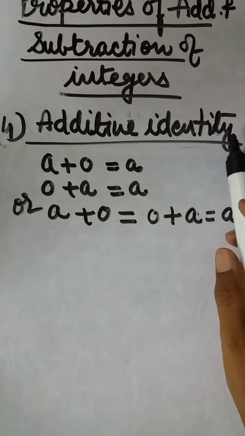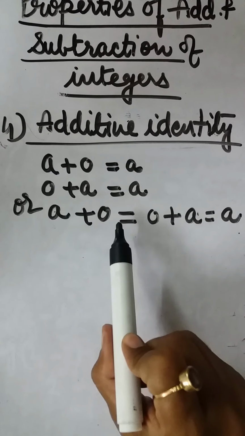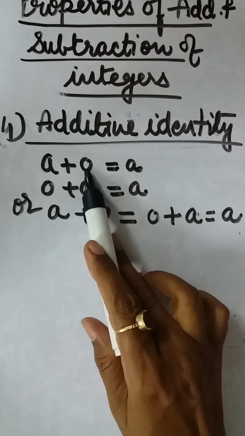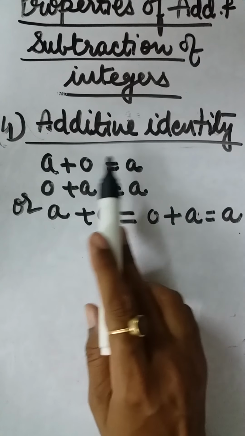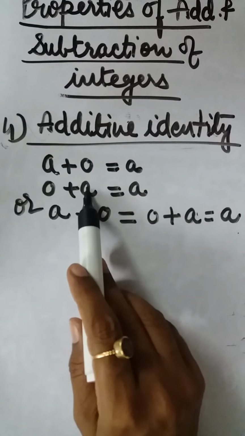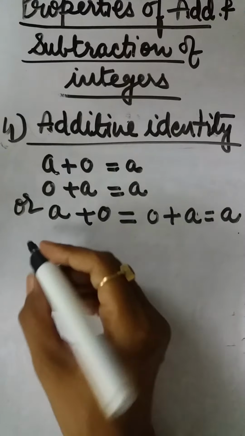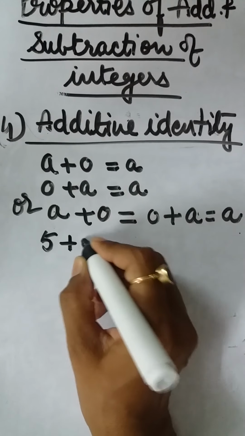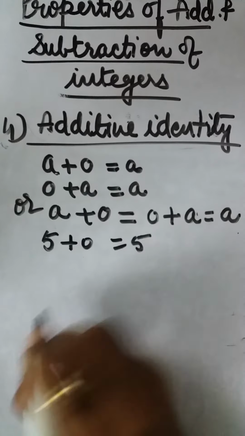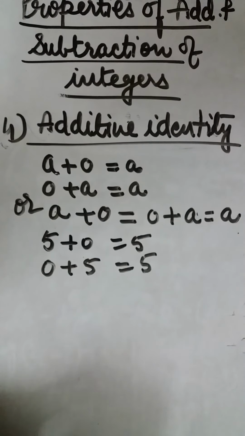Additive identity. When 0 is added to any integer, the result is the integer itself. In any order we add the integer with 0, the result is the integer itself. For example, if we add 5 and 0, the answer is 5, or if we add 0 and 5, the answer is 5 itself.